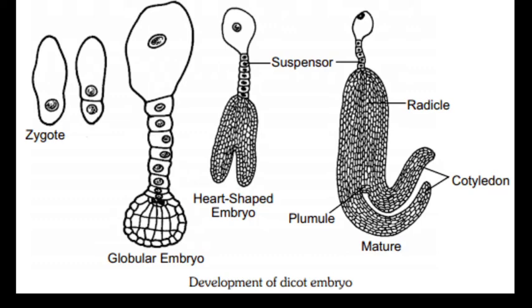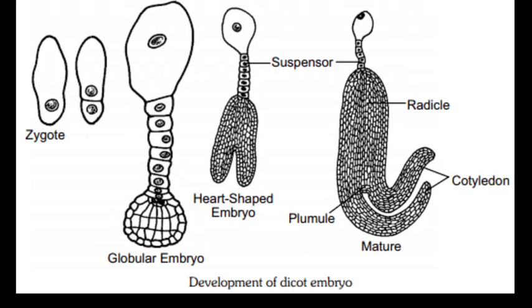Now we talk about embryo development. The early development of the embryo is called embryogeny. The embryo develops from the zygote, and the zygote divides mitotically to form the proembryo.